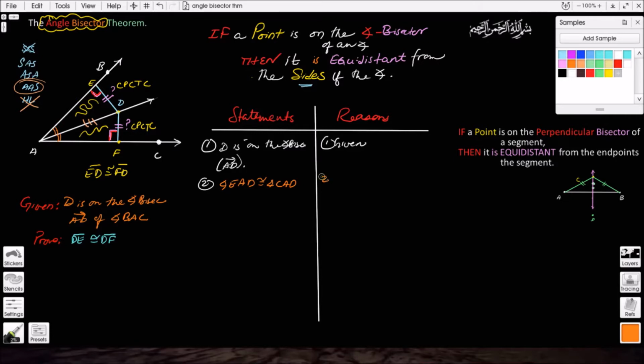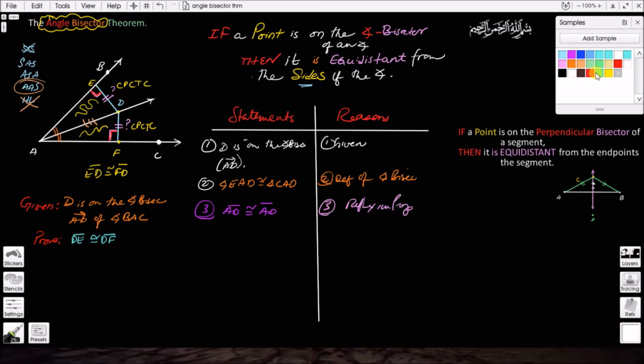That's from the definition of angle bisector. Then, AD is congruent to AD, by the reflexive property.